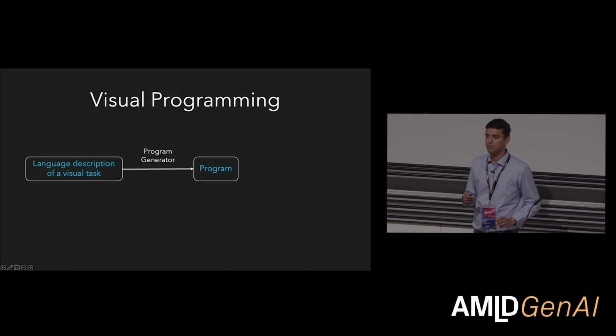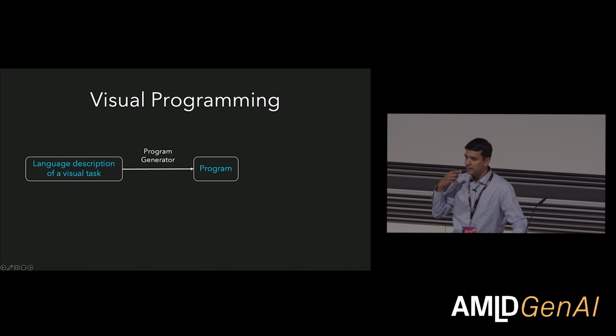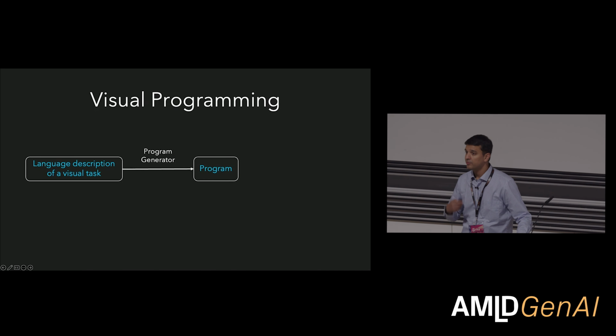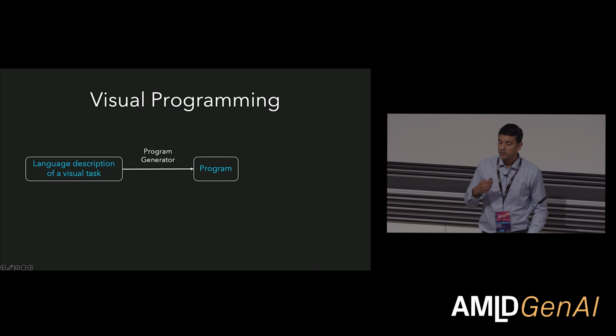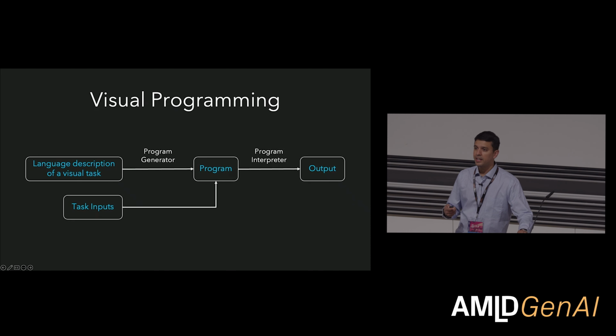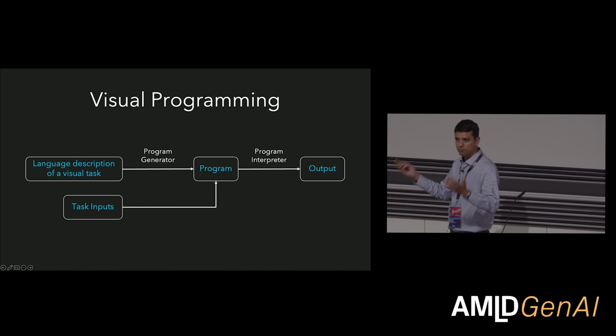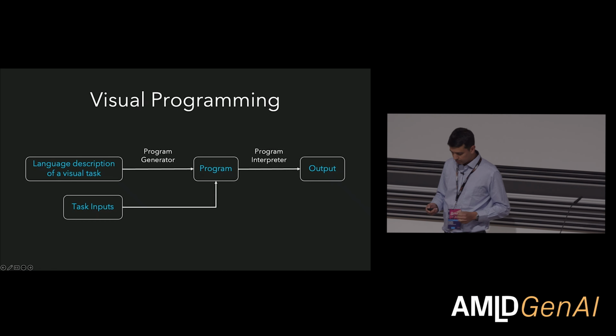And this is the paradigm of visual programming. So in visual programming, the idea is to accept a description of the task that the user wants and use a program generator to generate a program. And then you want to take the inputs from the user, execute that program, and then display the outputs with some front-end code.